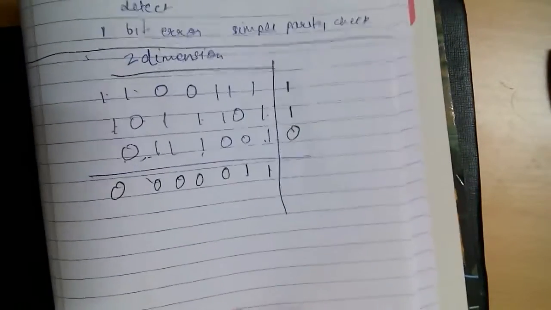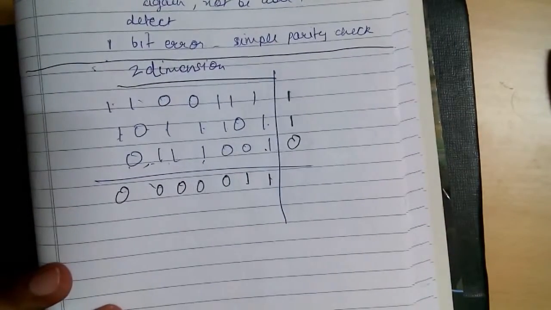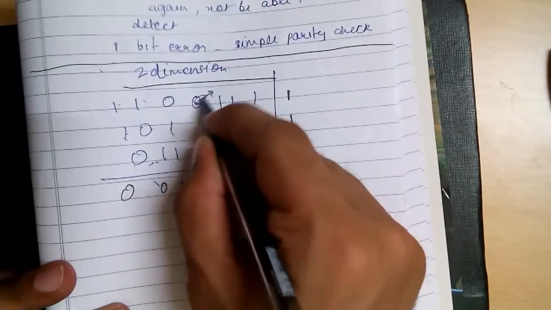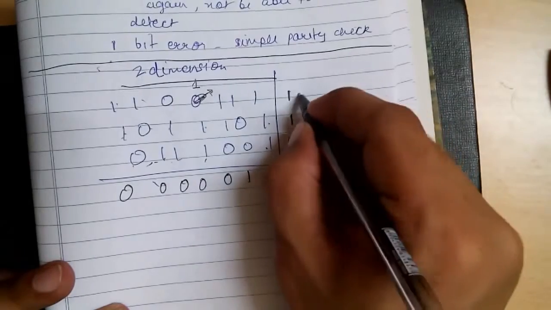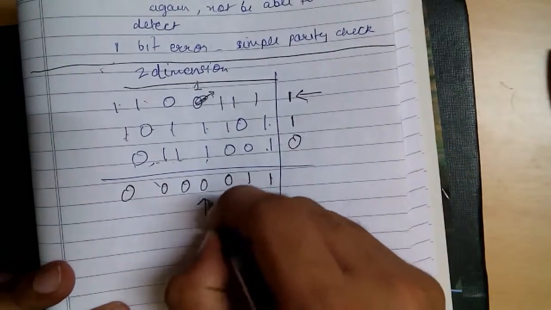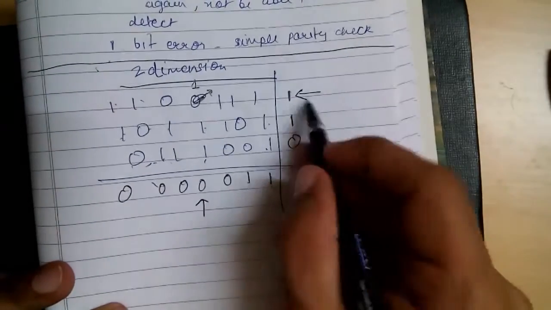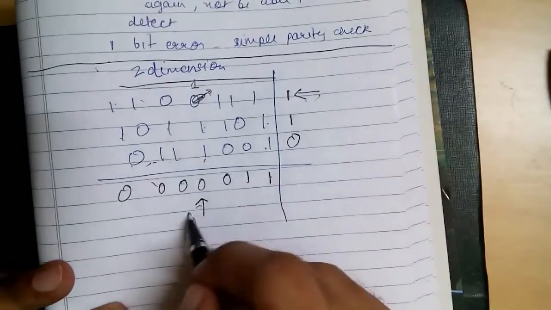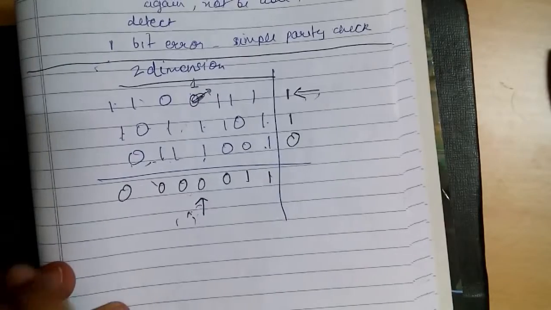This is a much better approach as compared to simple parity check. Let's say if this is corrupted, changed to 1, then it will affect this as well as this. So it is much easier and much more accurate in pointing out that the error has occurred.